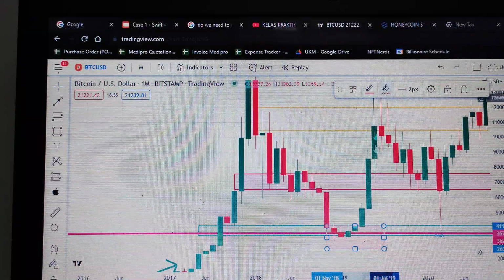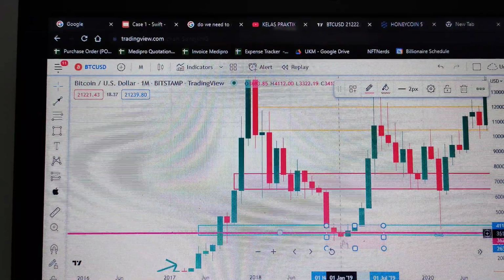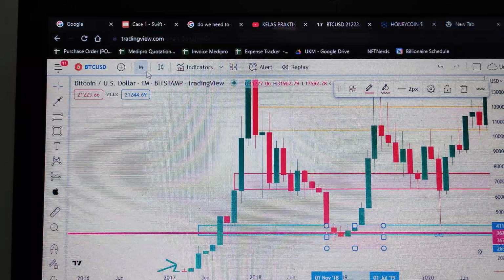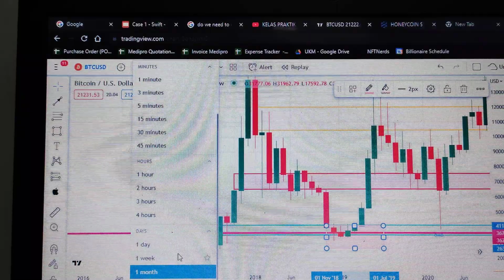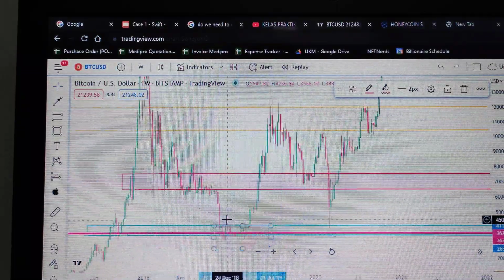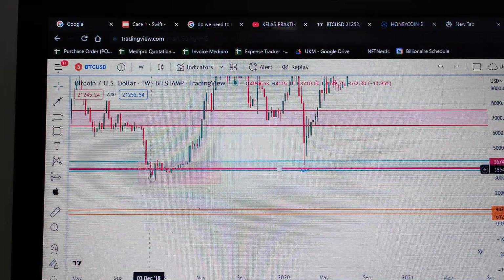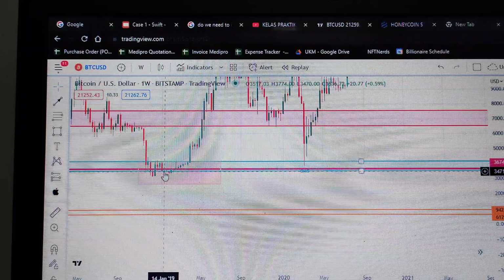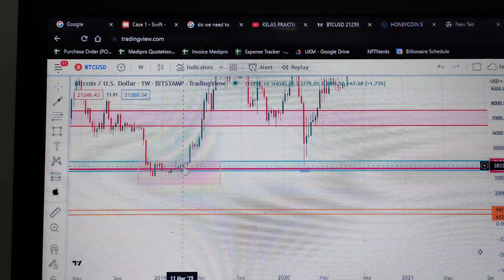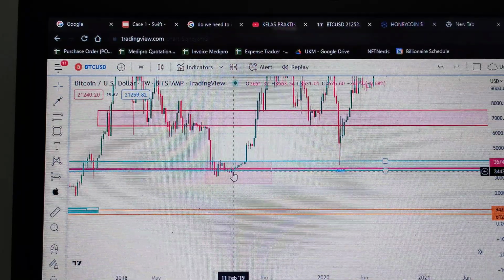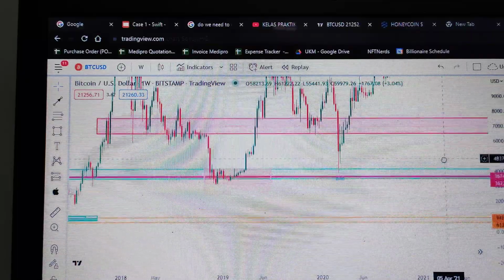Yes, this part. It goes sideways first, and bear in mind this is a monthly chart, guys. If you look at the weekly, it has been sideways for 1, 2, 3, 4, 5, 6, 7, 8, 9, 10, 11, 12, 13, 14, 15, 16, almost 16 weeks before it flew up.